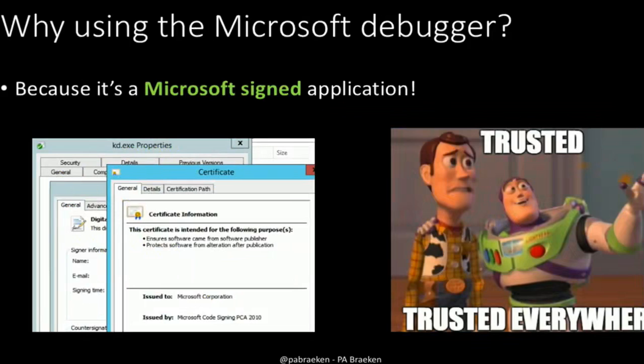And why use the Microsoft debugger? Because it's a Microsoft-signed application. To me it's very interesting because in a company with a lot of defensive mechanisms, often a signed application will be trusted by a security analyst and everyone inside the company.